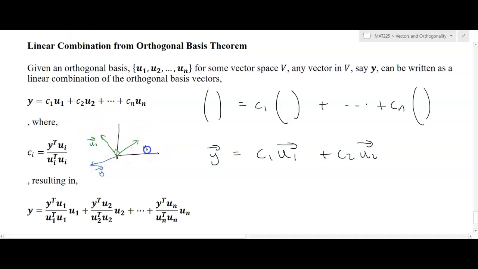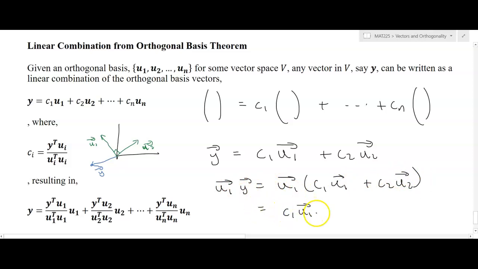Now, since u1 and u2 are orthogonal to one another, I can perform this little trick. If I multiply both sides by u1, here's what happens. I will distribute the u1, so I'll have c1 u1 dotted with u1, plus c2 u1 dotted with u2.